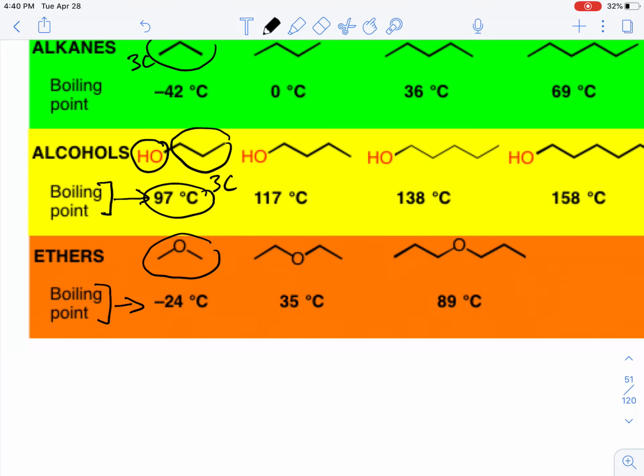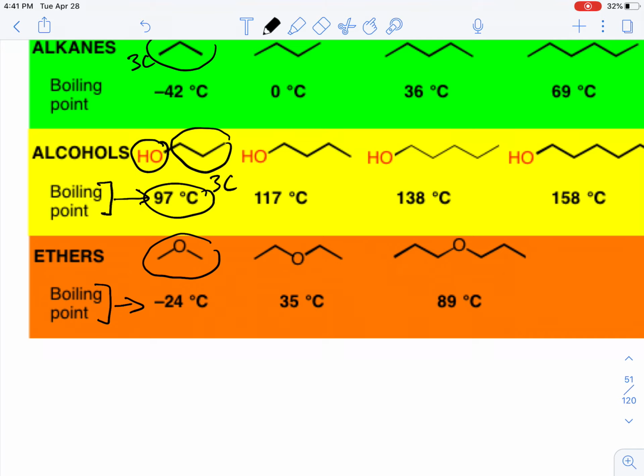If you look at their structures, literally the only difference is this oxygen-hydrogen. When you have a group of alcohols, those alcohols can interact using hydrogen bonds. So if you're trying to separate each and every one of those alcohols, you need to invest a lot of energy to separate them. Therefore, its boiling point is going to be much, much higher compared to a molecule such as an ether, which has an intermolecular force that's weaker than hydrogen bonds.